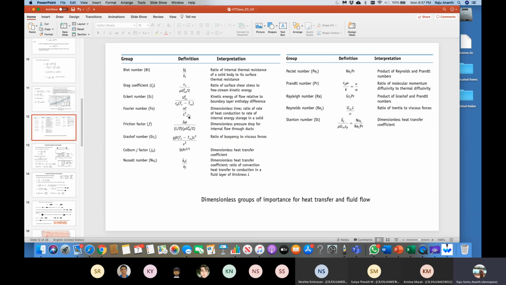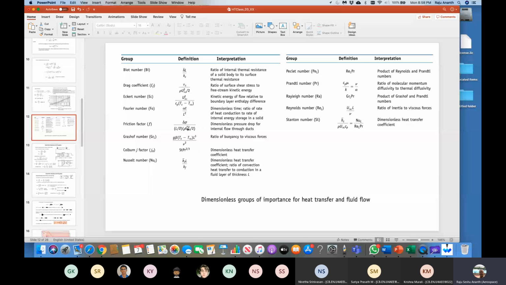Remember the transient form with the time constant multiplied by t, we were able to convert that into Biot number multiplied by Fourier number. And then we were able to calculate how long it takes for the temperature of a body, like a sphere or a cylinder, suddenly dropped into another fluid, to come down to this temperature. So that is a transient problem in conduction.